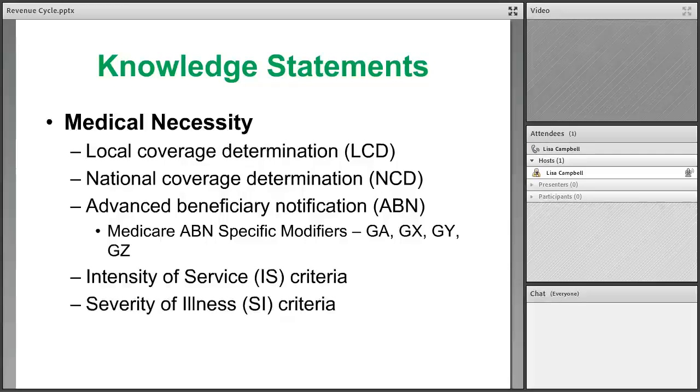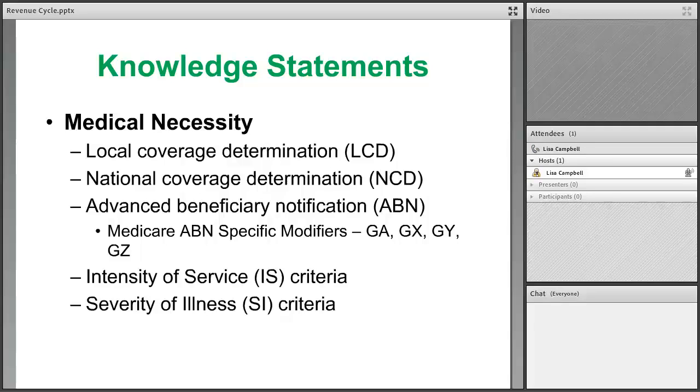And if Medicare is not going to reimburse us for the service, but the patient still wants to have the service rendered to them, this advanced beneficiary notice informs the patient of just that.